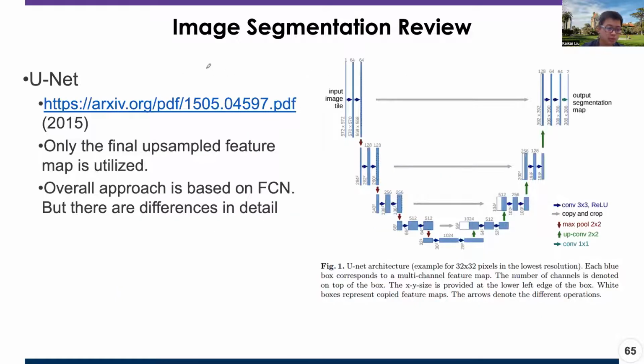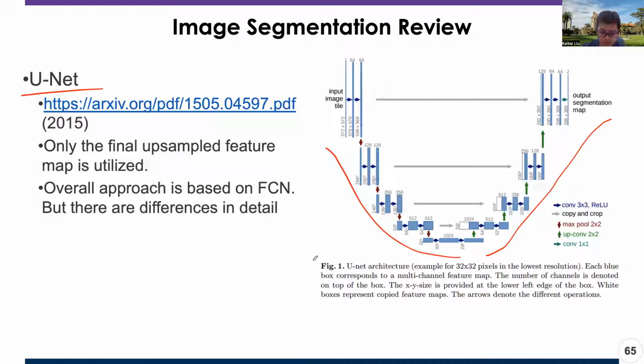Another famous approach is called UNet. UNet is widely applied in medical image segmentation, and many people also apply UNet for many segmentation tasks. If you see this UNet architecture, it's very similar, an encoder-decoder kind of process.